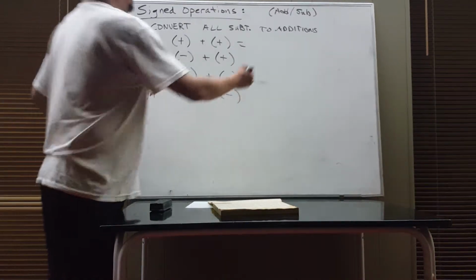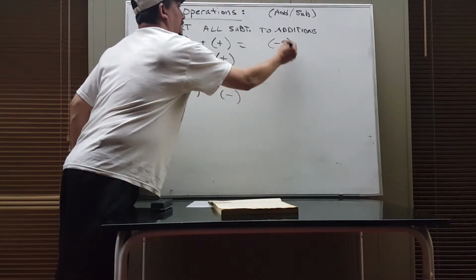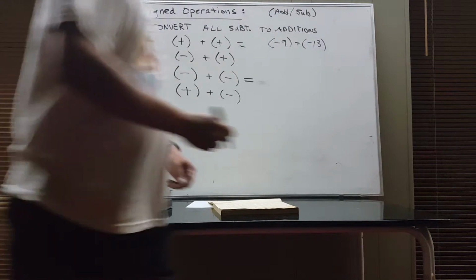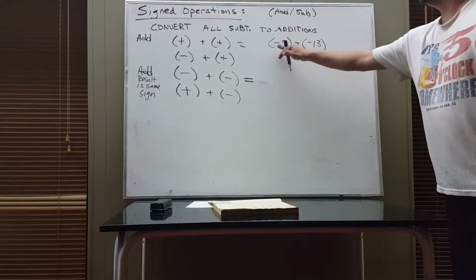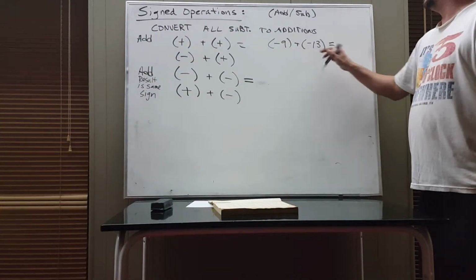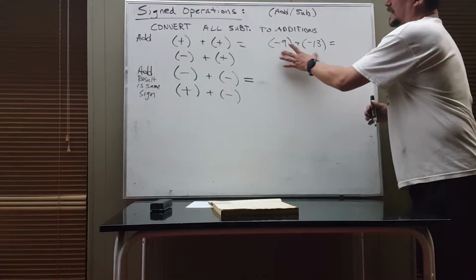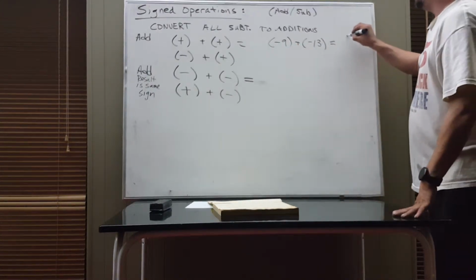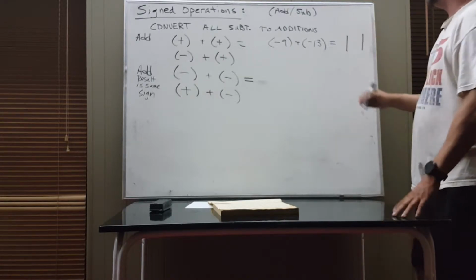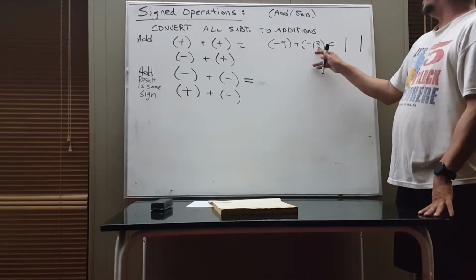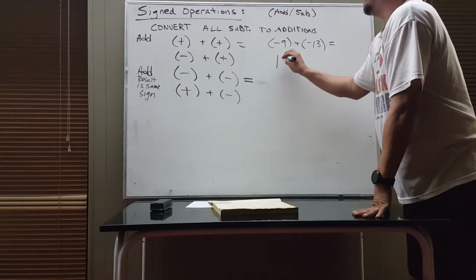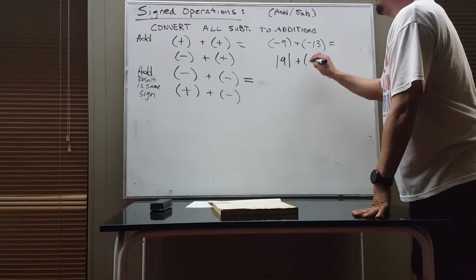Example: negative 9 plus negative 13. So we're going to add the absolute values of these numbers because they're the same sign. They're both negative. Same sign means you add their absolute values. So the absolute value of 9 plus the absolute value of 13.